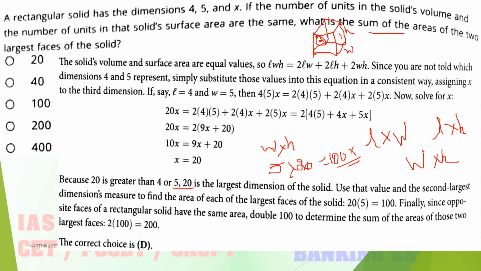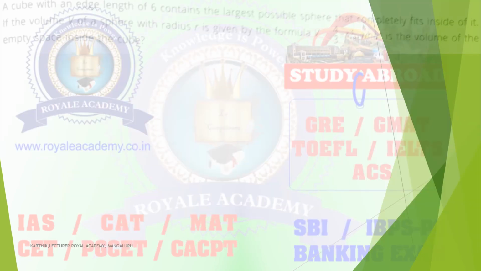So that is two times. So total area is how much? Total area is 200. So be careful while answering this question. Two faces are there, so multiply 100 into 2 times, that is nothing but 200. So which option is correct? Option D is the correct answer for this question.